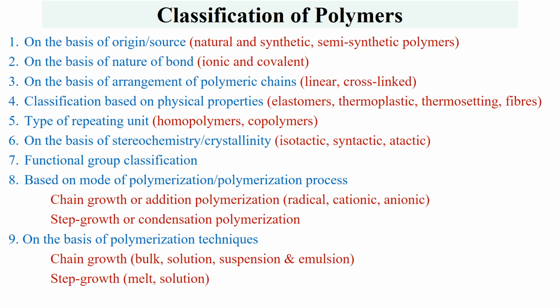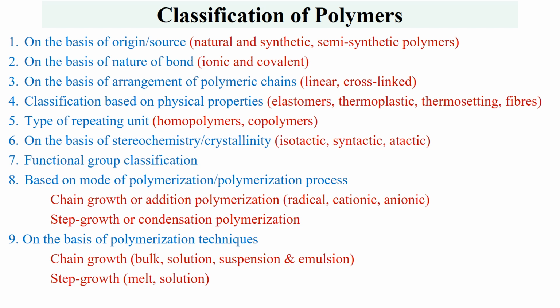On the basis of physical properties or thermal properties or intermolecular forces, these are classified into elastomers, thermoplastics, thermosetting polymers, and fibers. On the type of repeating units, that is type of monomers, homopolymers and copolymers.